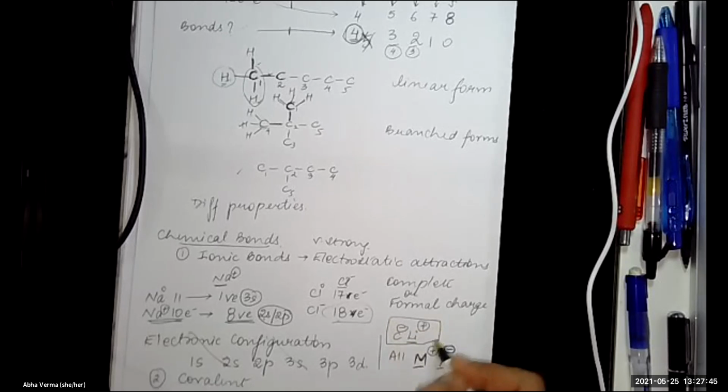Any atom next to the metal ion will have what charge? The opposite charge. What is the opposite of plus? A minus. So just sometimes our carbon can have ionic bonds also, but it depends on which elements it is with. All the metal ions will give a ionic bond kind of a feeling to carbon.